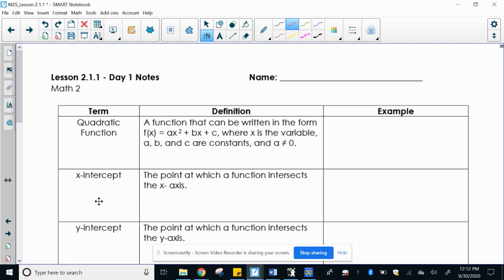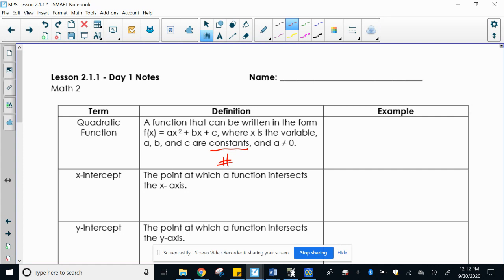So the top of the notes is going to do a lot of definitions first. A quadratic function is a function that can be written in the form f of x equals ax squared plus bx plus c, where x is the variable, and a, b, and c are constants. Remember, constants are just numbers. And the key one is that a cannot be 0.